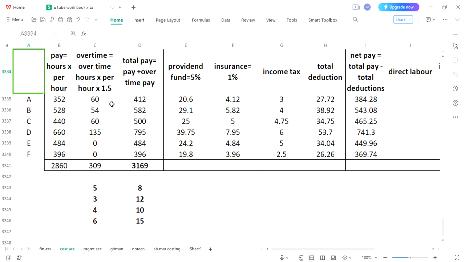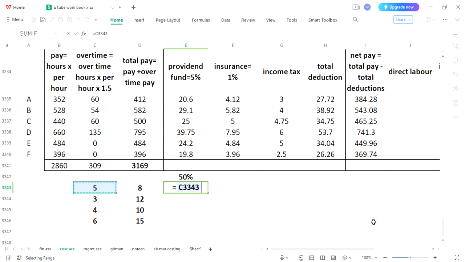This is also a second method. I'm just letting you know how to calculate. Okay, here instead of 1.5 you will take only 50% for overtime. What you will do: 5 overtime hours multiplied by per hour rate 8, and you will take its 50%, multiplied by 50 divided by 100.